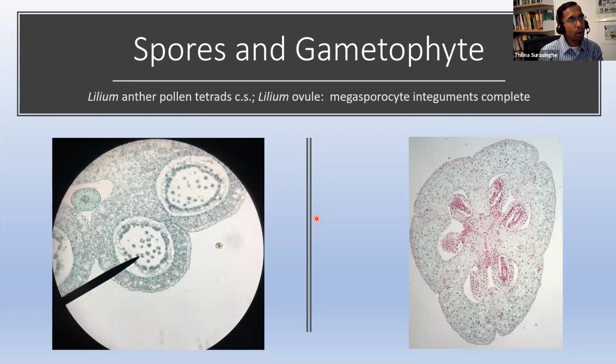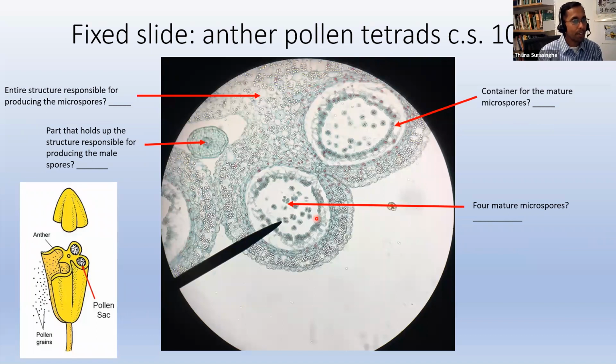And now let's talk about spores and gametes. In this particular diagram, let's label at least some of them together.